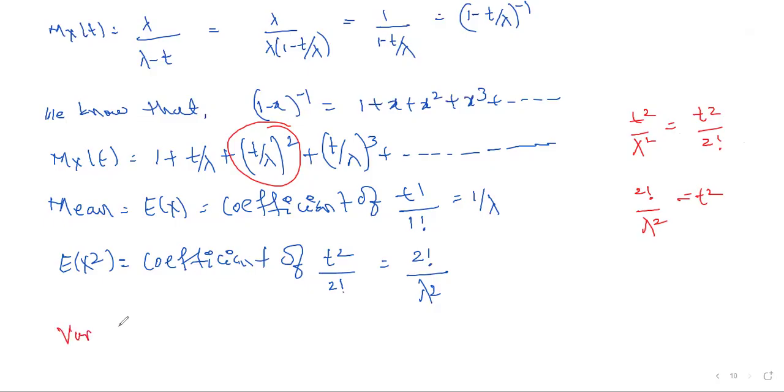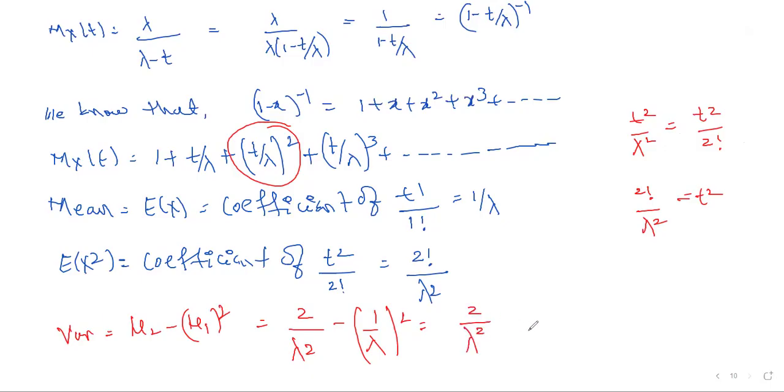Then variance is mu 2 minus mu 1 whole square. Mu 2 is 2 factorial value, 2 divided by lambda square, minus (1 by lambda) whole square. This is nothing but 2 by lambda square minus 1 by lambda square.